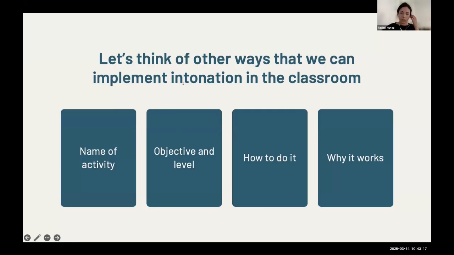Video warm-ups, regardless of whether you're teaching intonation for the first time or simply reviewing material you covered last week. Okay, video warm-ups.